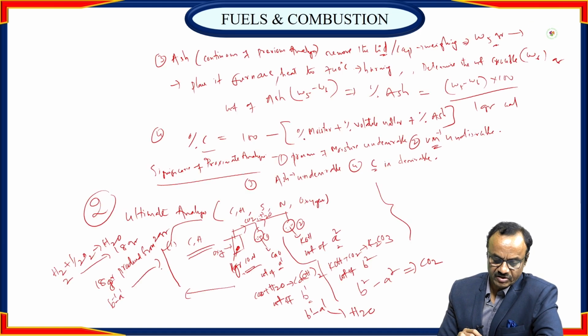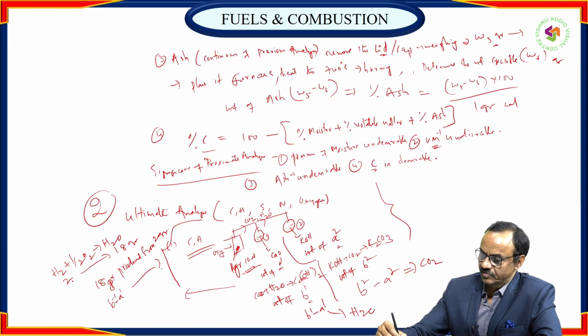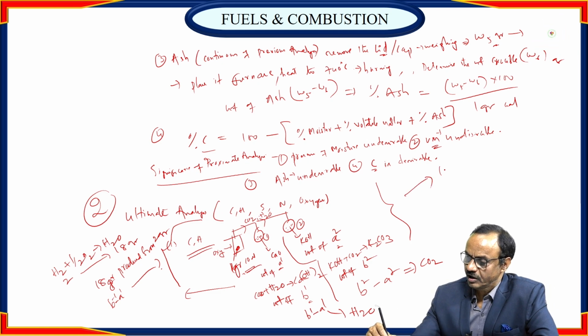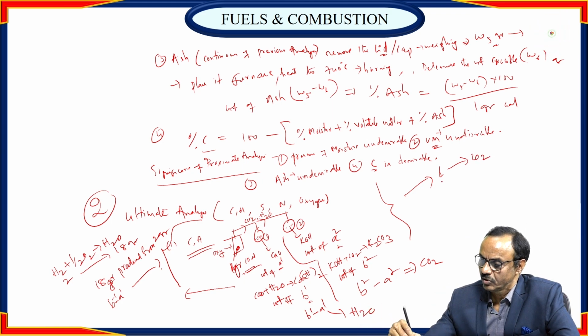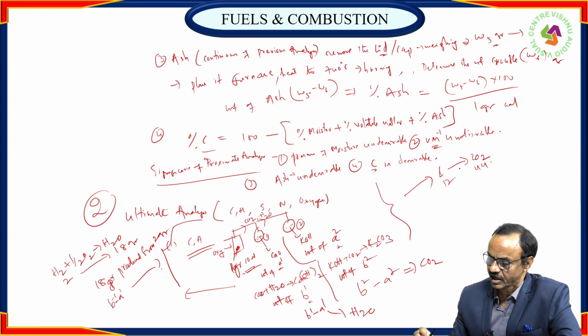In the combustion first half reaction, here C converts into CO2 during combustion, right? 12 grams produces 44 grams. Among them, which one is known, which one is analyzed?